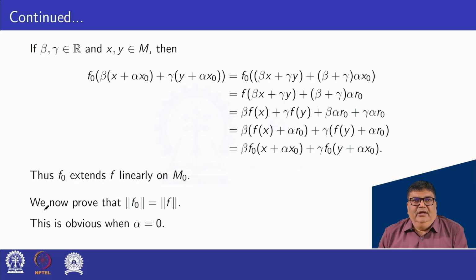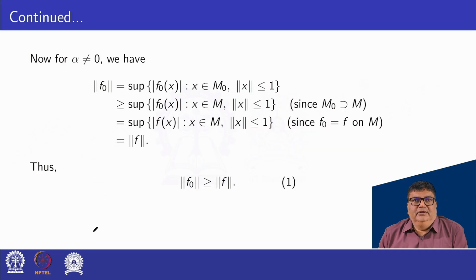Okay, now we prove that norm f0 is equal to norm f. This is obvious when alpha is equal to 0. Okay, when alpha and beta is equal to 0, that is the case of M. Okay, so the case is obvious. Now for alpha not equal to 0, we have norm f0 is equal to supremum of mod f0(x), such that x belonging to M0, norm x less or equal to 1.